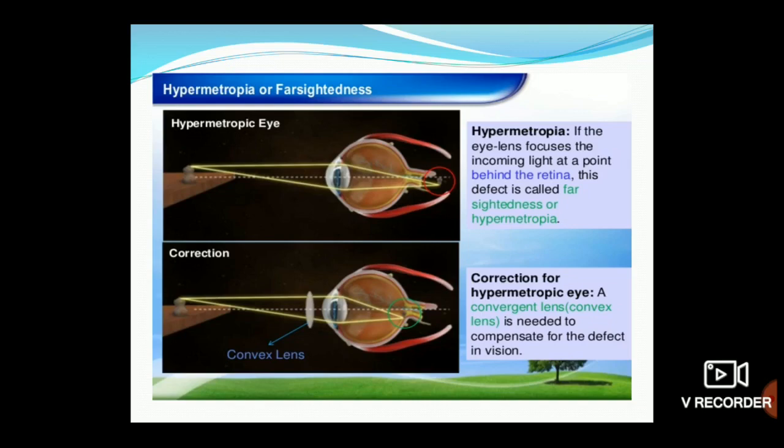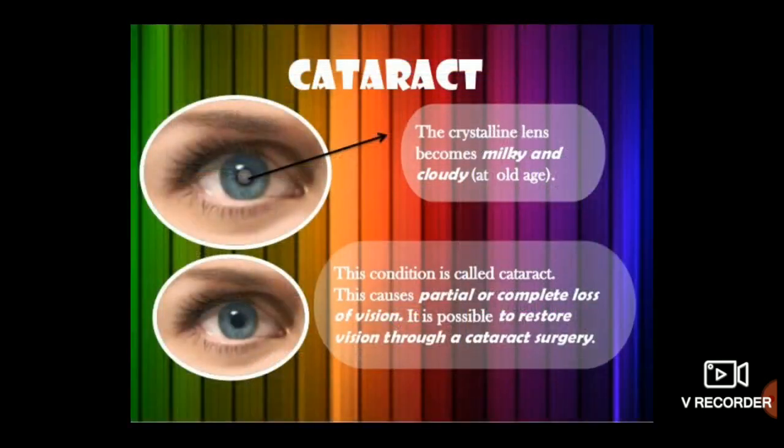Now we'll move to the third defect called cataract. Sometimes during old age, the eye lens of some people becomes hazy or even opaque. This is because of the development of a membrane over the eye lens.